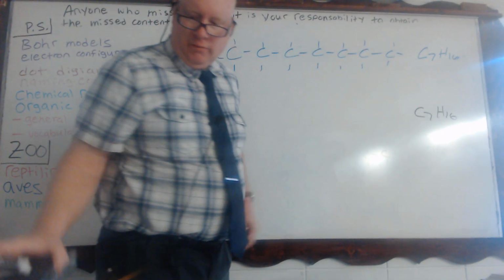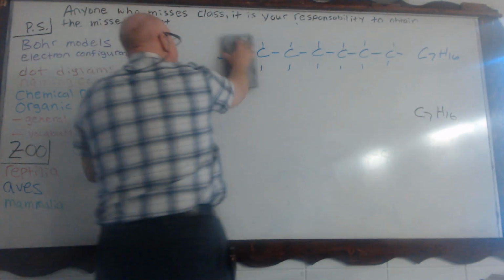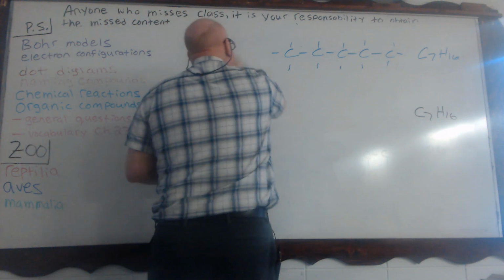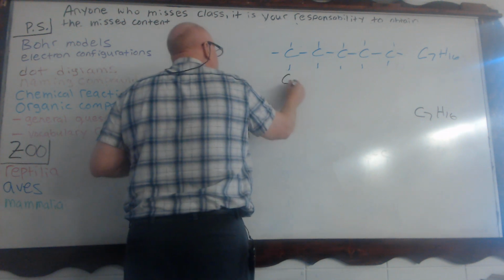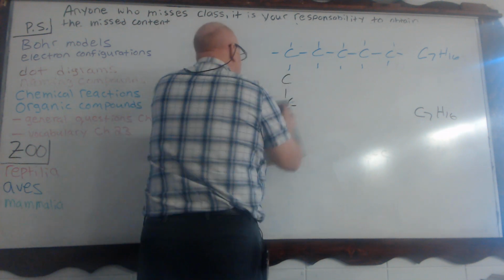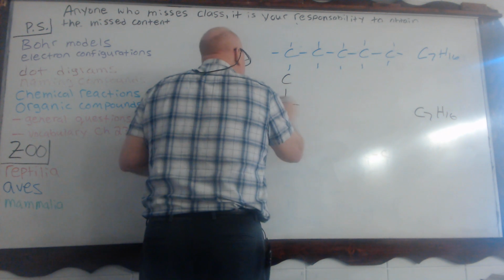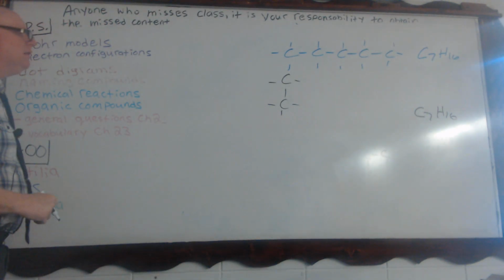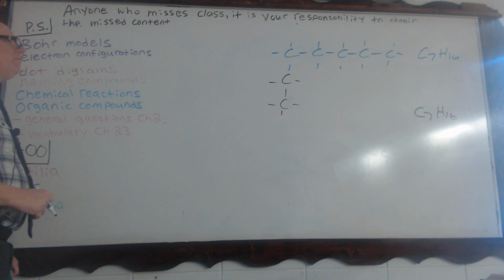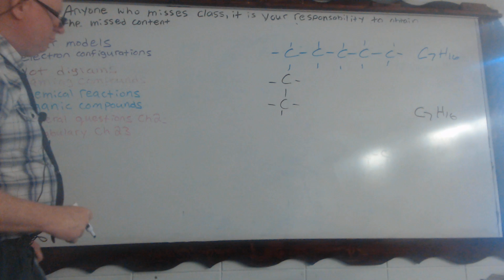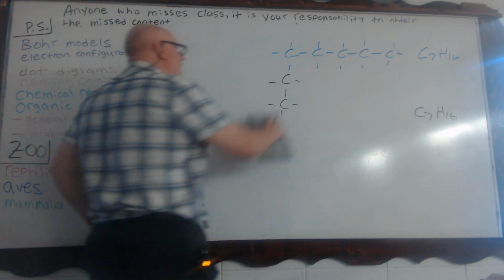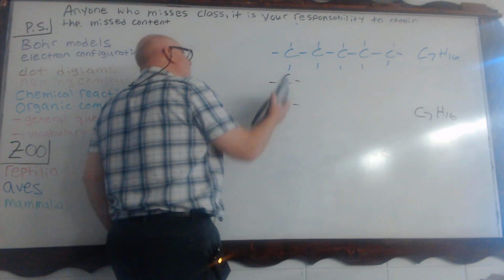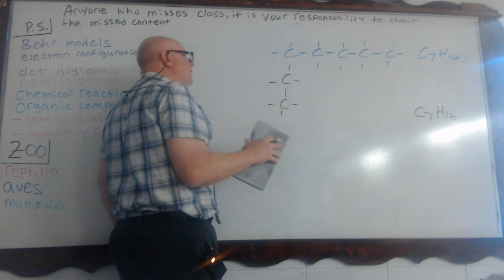Also, what students tend to do is maybe they'll go like this and say, oops, is that an isomer? It's got C7H16. Nope, because we're thinking this is an ethyl group. That would be, but it can't be here. That's the issue.